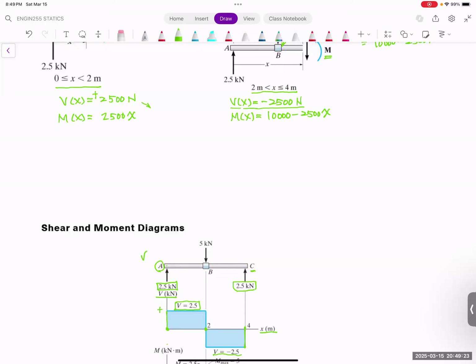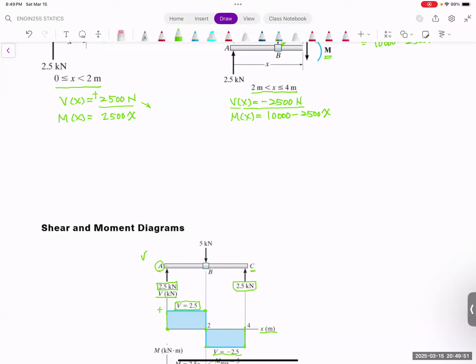So this is what the shear force diagram is. It is just two different constant values. When you go to the 2 meter, it was 2.5 thousand, but because we push down with 5,000, it will minus this. So 2.5 minus 5 results in negative 2.5.